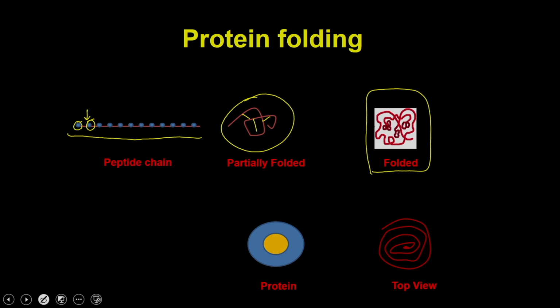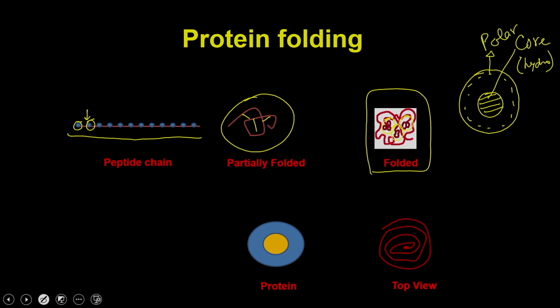In the three dimensional conformation, the hydrophobic residues or side chains are localized in the center of the protein, which is called the hydrophobic core, whereas the periphery has the polar amino acids.